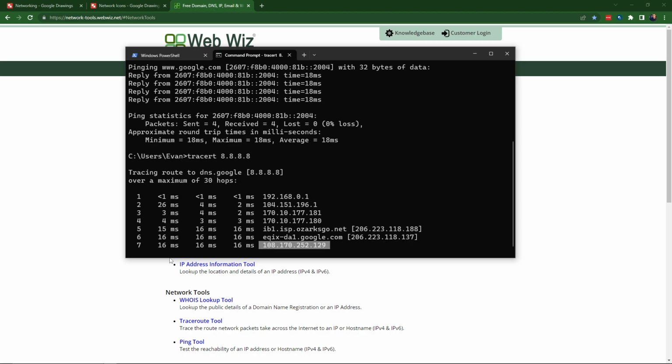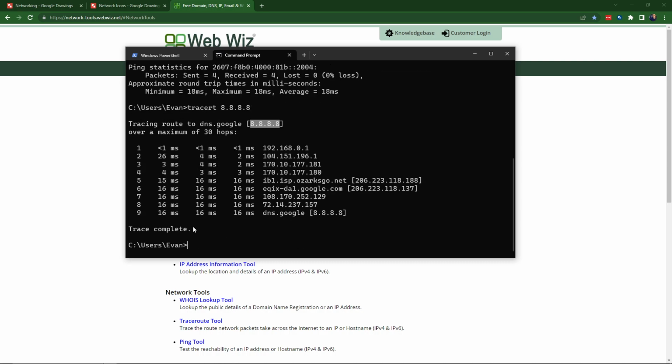So these are all the devices that my traffic is having to go through to reach this address right here, 8.8.8.8. And this happens very, very fast every time we do it. And of course you can see these are all millisecond values, how long it is taking for them to receive the data and transmit back and everything like that. So now my trace is complete. So it took 9 hops, we call these hops.